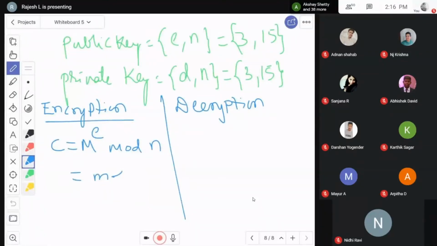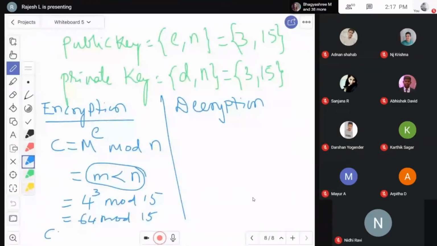Let us assume 4 is my value for M, E is 3, and n is 15. You get 4 power 3, which is 64, mod 15. The ciphertext becomes 4.